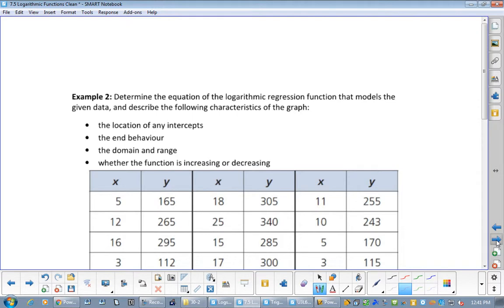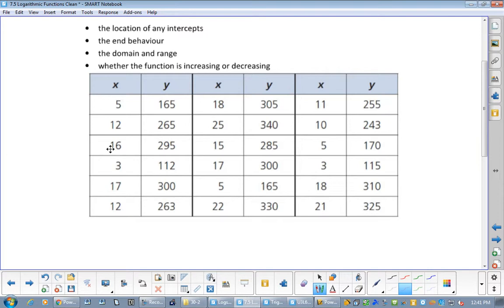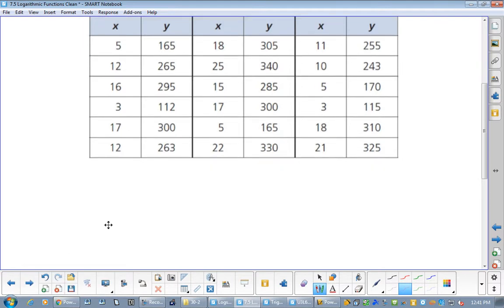They want to know location of any x-intercepts, end behavior, domain and range, whether it's increasing or decreasing. Now, the reason why this one looks like 3 different tables, but it's not. It's just the x, and it's just continuing. Basically, this could have gone underneath and kept going.